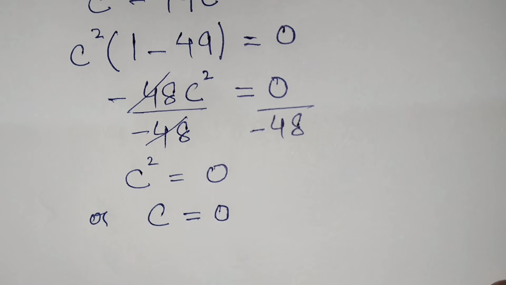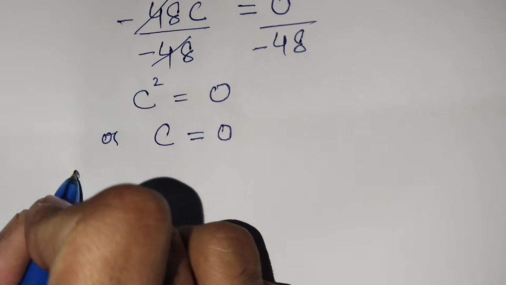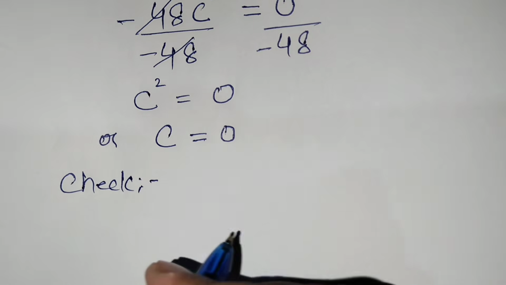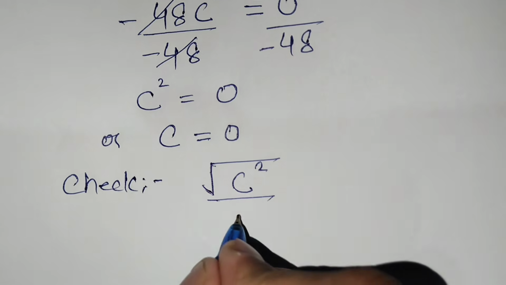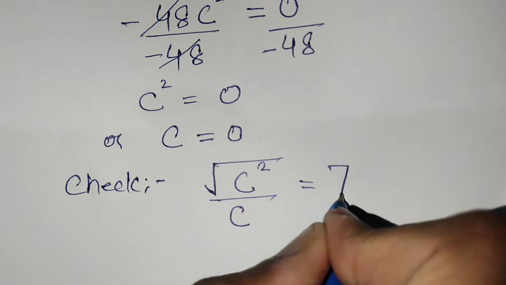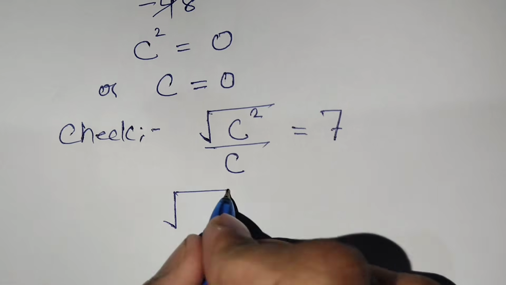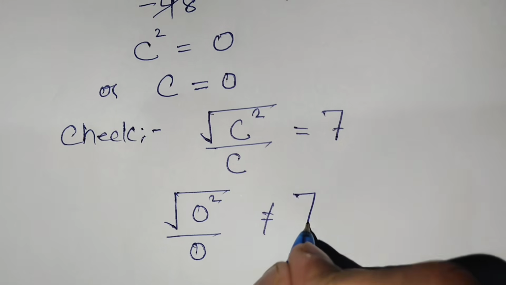Now we will put this value of c in the given equation to verify. We are given square root of c square divided by c equals 7. So square root of 0 square by 0, equals 7.